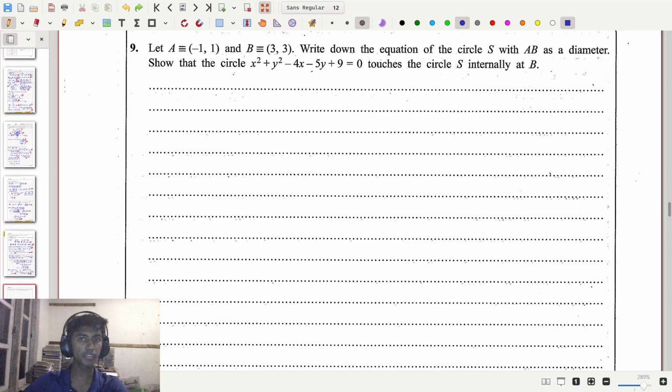Now to start off this question, the first thing we need to do is write down the equation of the circle S with AB as a diameter.